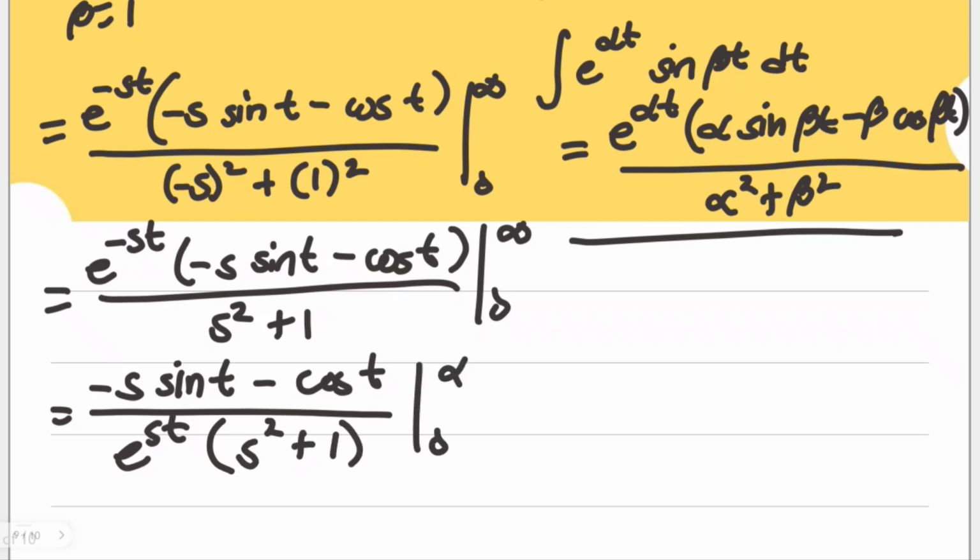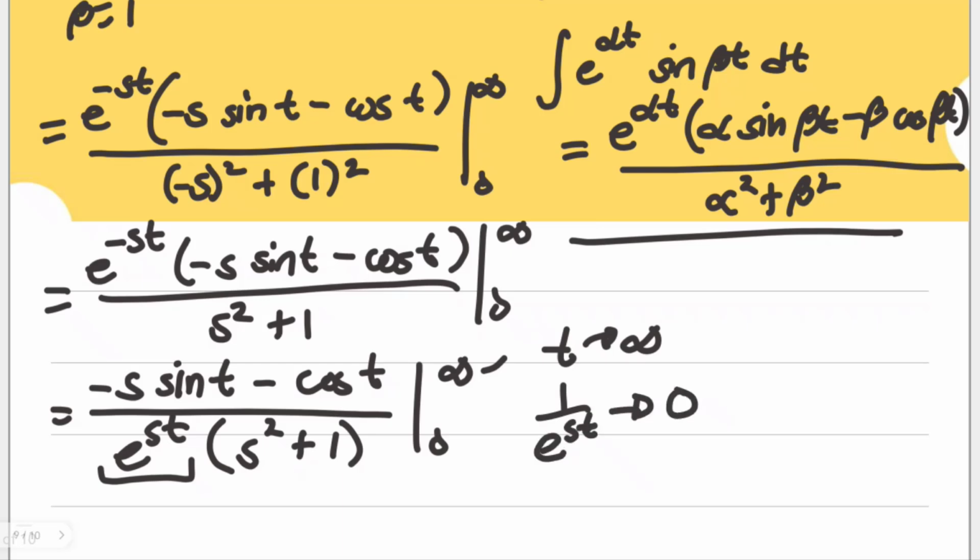We're doing this because there is a unique relationship that as t approaches infinity, e to the power of st in the denominator, it's 1 over e to the power of st, approaches 0.